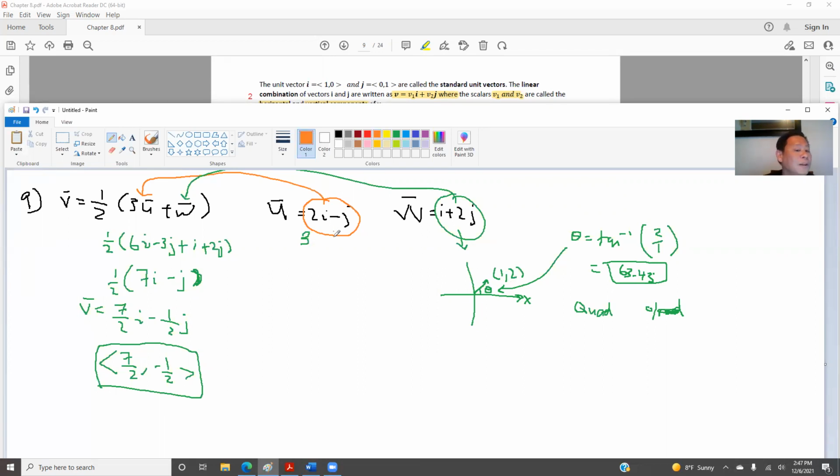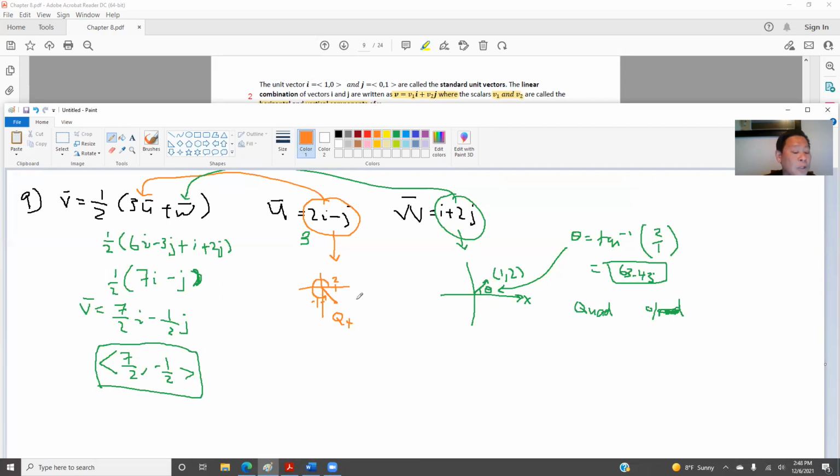But this one is a very special case. If you want to draw 2i minus j, 2i means the component is positive 2, and minus j means it's a negative 1. So this is 2i minus j, but the theta that you find here is this theta, and we know this is going to be in quadrant 4.